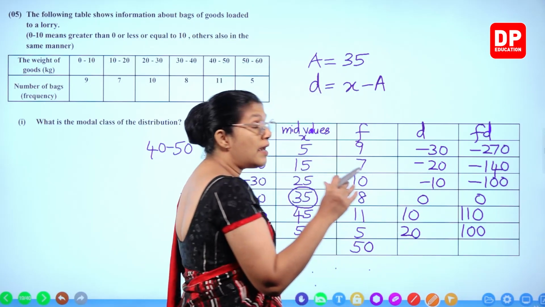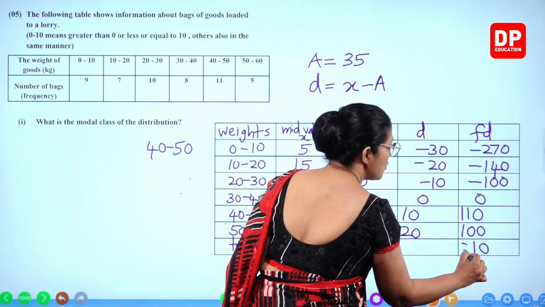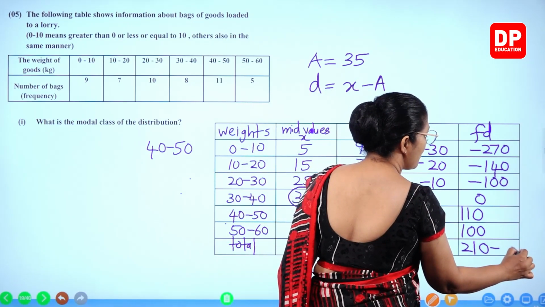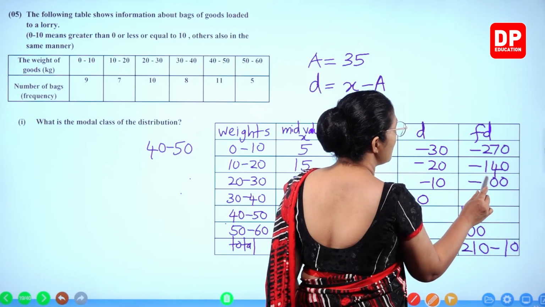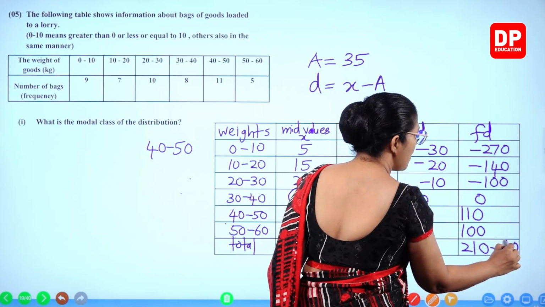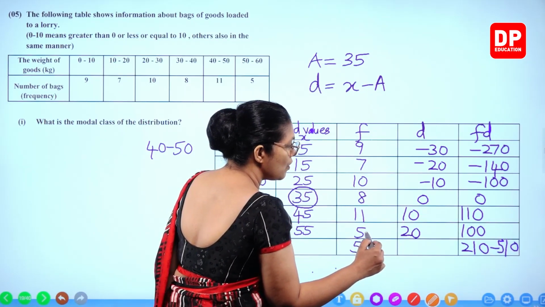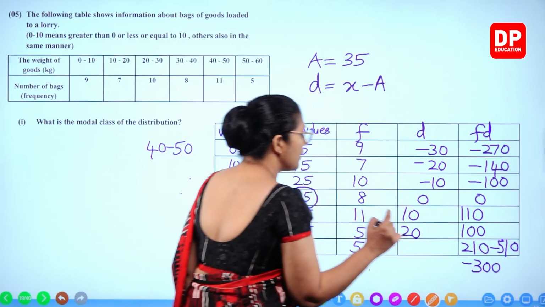Now you can add the positive values. Then the negative values: 270 plus 140 plus 100, that is 510. When you subtract, what do you get? You get minus 300 as the total.